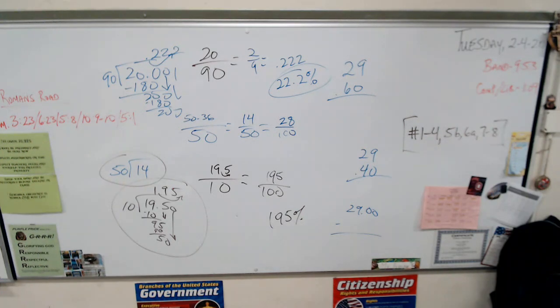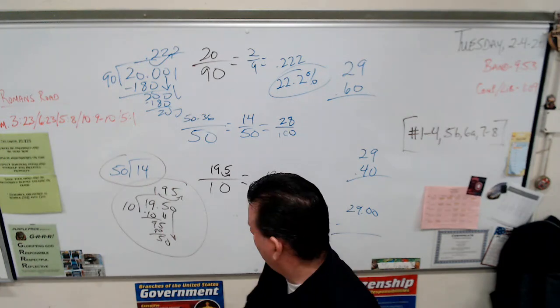You got 78. Where are you going to put it? In the box. Okay, 78 is decreased by 22%. You have to find 22% of 78. Number 4, 78 is decreased by 22%.